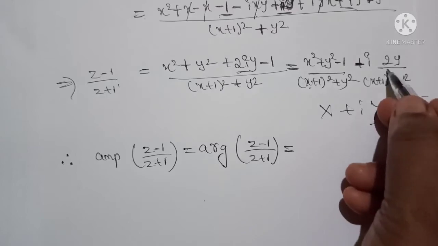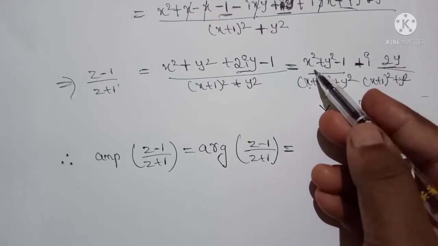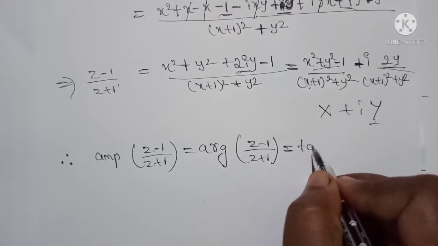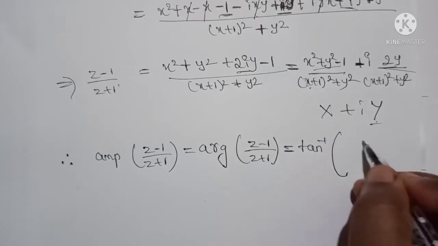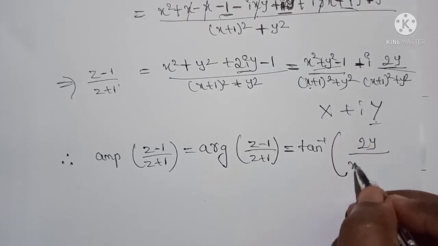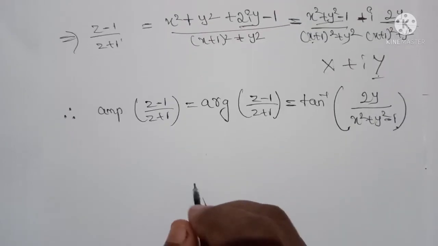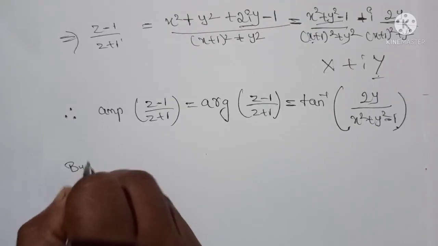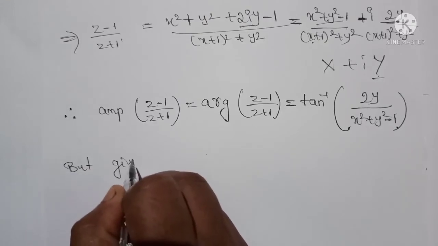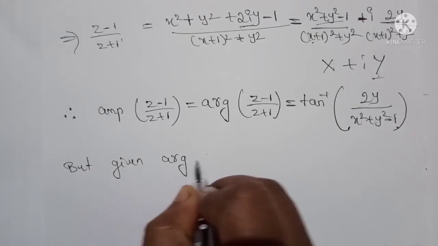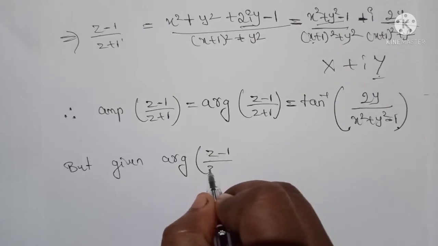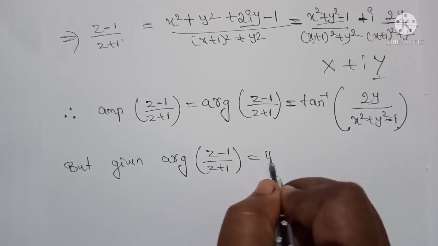Here y means this 2y term and x means this quantity. So therefore we write tan inverse of 2y divided by x square plus y square minus 1. But it is given that the argument of z minus 1 divided by z plus 1 is equals to pi by 3.